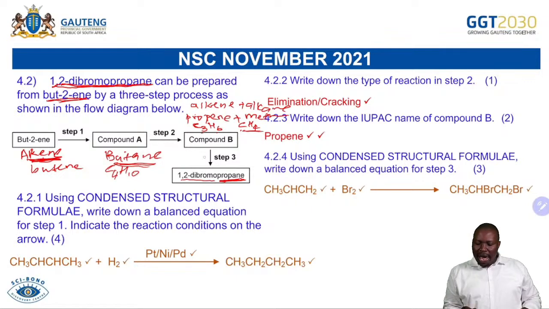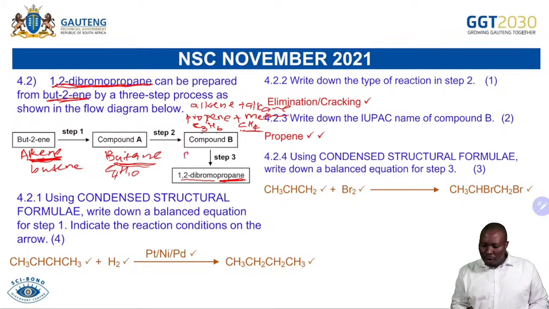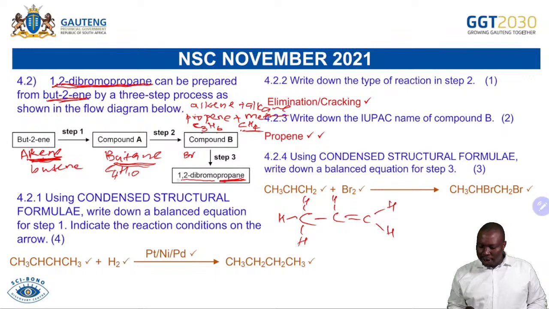But we're going to add the Br2 now on the double bond. Remember, this is the structure of propene that we have. Then we want the 1,2-dibromo, hence we are adding Br2.